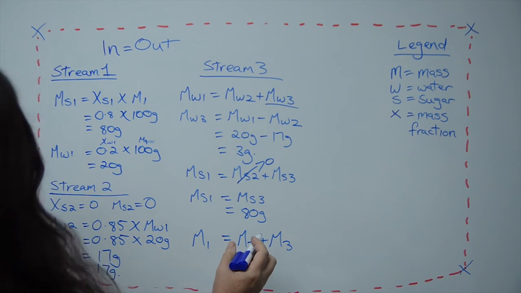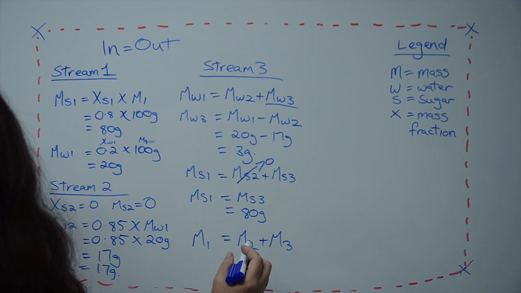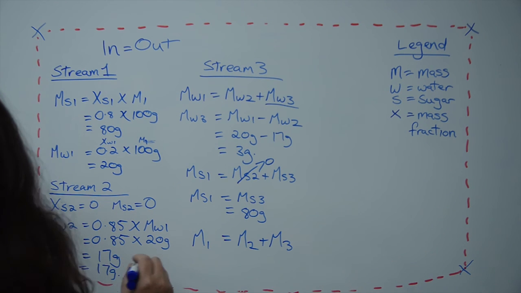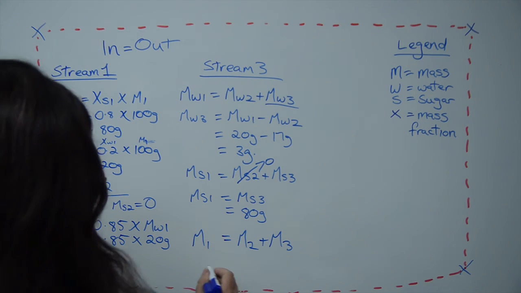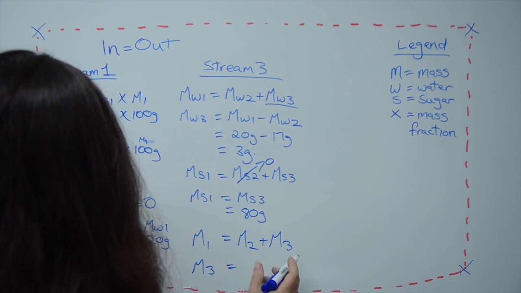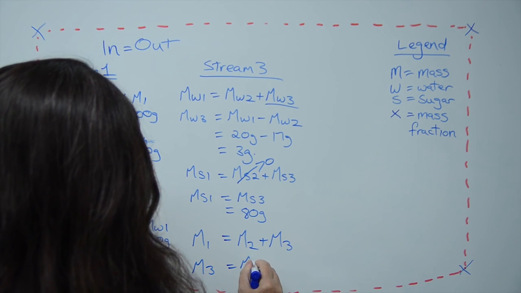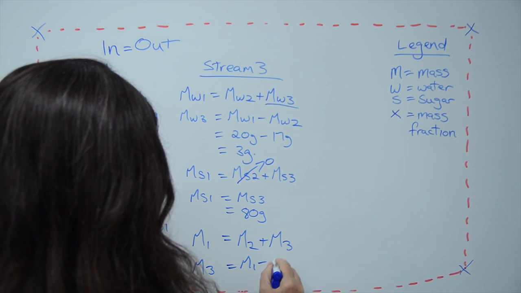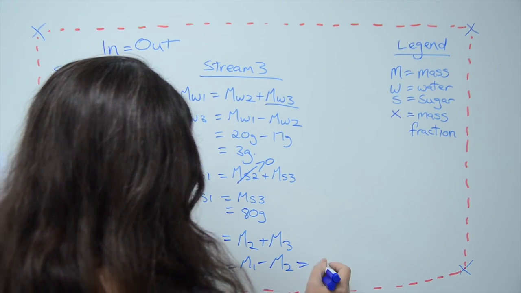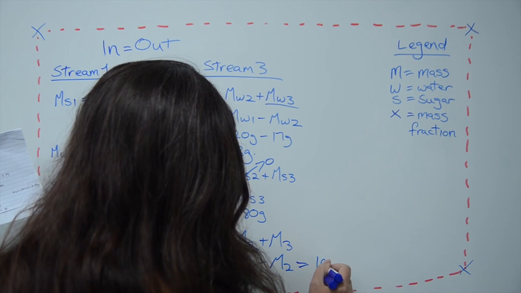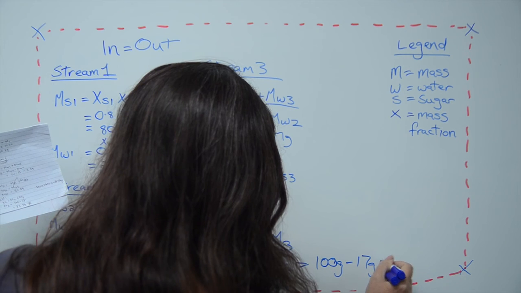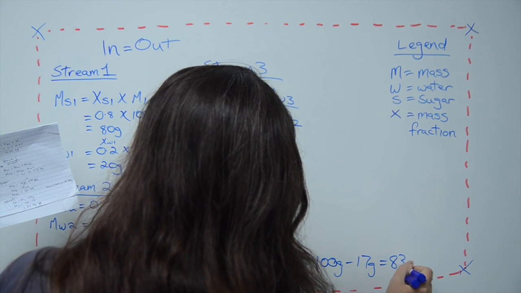So if we go here and then rearrange for M3, because we know M2 is 17 grams and M1 was 100 grams, let's go M3 is equal to M1 minus M2, and because we're running out of room I'm going to go out the side here, so that's going to be 100 grams minus 17 grams, which is equal to 83 grams.